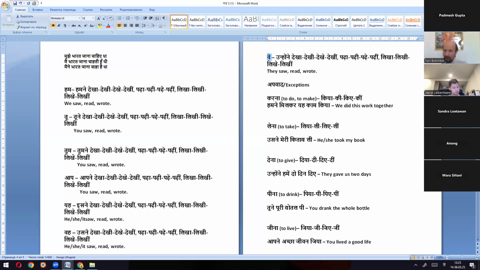Now, every rule has some exceptions. Like in Hindi, अपवाद, exceptions, right? Not all the verbs change in the same way for the past definite tense. Like the very frequently used verb karna, we will not say kara, kari, kare.